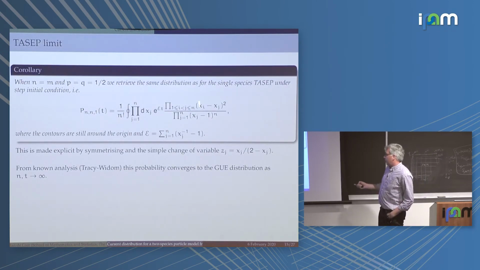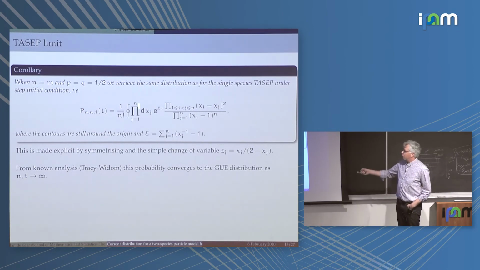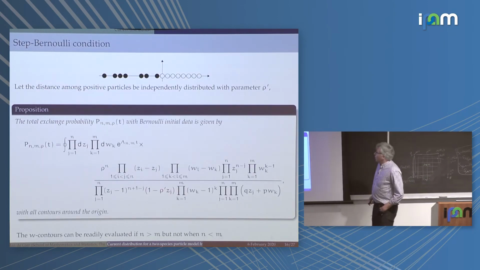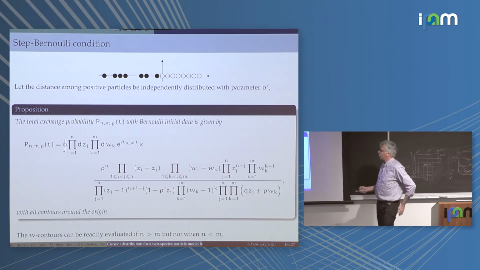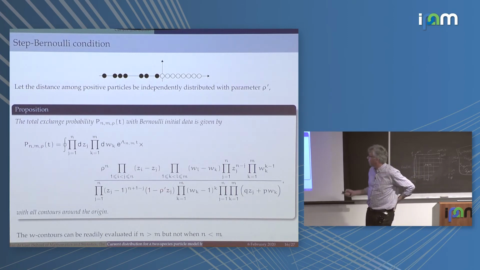And then there's a well-known, well-published analysis that Patrick also referred to, to analyze this further. So those initial conditions were too simple, so that's why we want to go to this particular step Bernoulli mixed initial condition, where the plus particles are prepared in a random way, and the minus particles are in step initial condition.